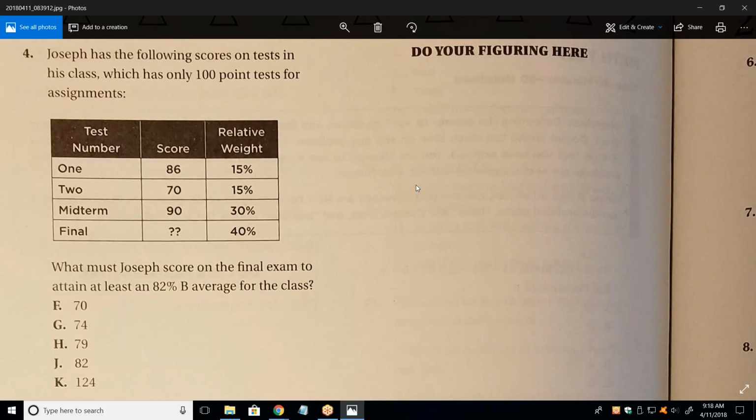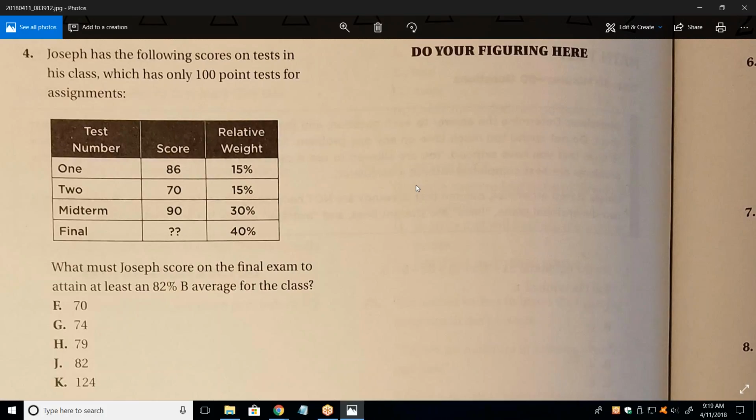You find a problem you don't know how to do, put a little check mark by it. If you find a problem you think you know how to do, put a little check mark by it. If you find a problem you think you don't know how to do, maybe put a double check mark by it. But the first time through the test, you're going to do everything you can do.